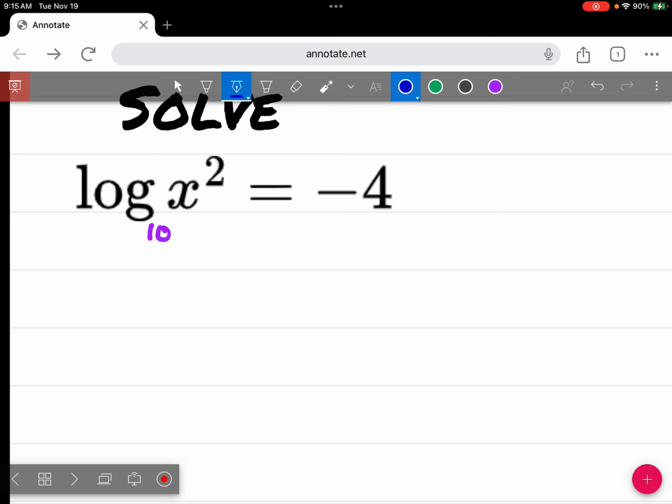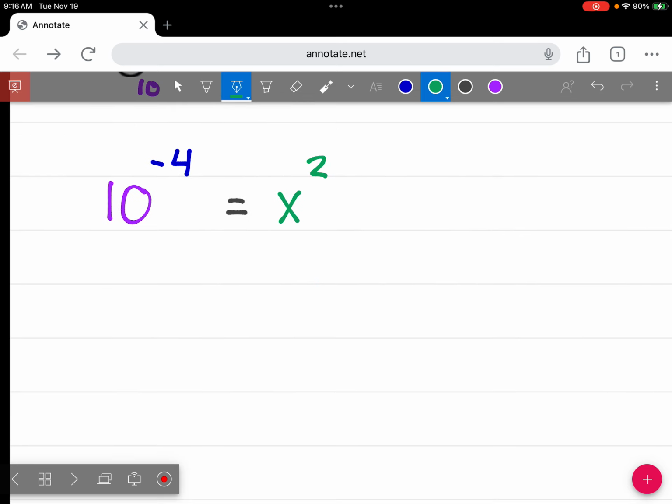So in order to solve this, it's going to be easiest if we switch this back into exponential form. So we said our base is 10. 10 to what power? Negative 4 equals x squared. Switching it back around to our exponential form.